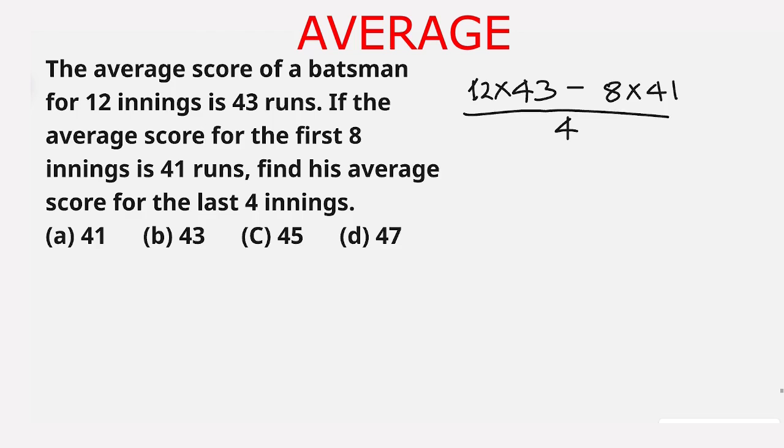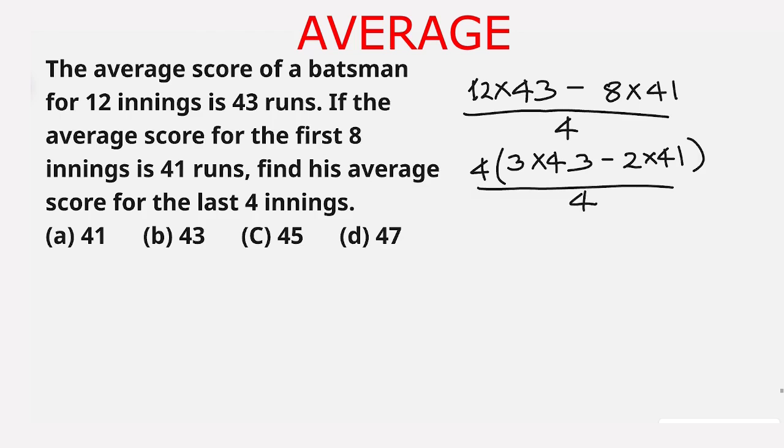Now we take out 4 common from the numerator, and after taking out 4 from 12 we get 3 multiplied by 43, minus taking out 4 from 8 we get 2 multiplied by 41, divided by 4. We cancel the 4 of numerator by the 4 of denominator.